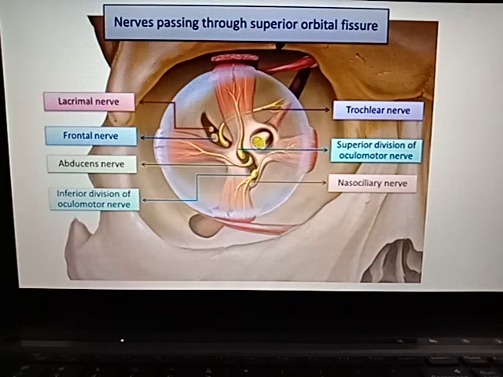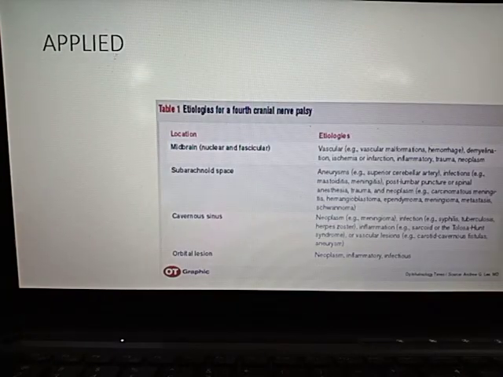Then come to the applied portion of this nerve. Etiology for fourth cranial nerve palsy. Location: the midbrain nuclei and the fascicular part may be affected if there is some vascular malformation, hemorrhage, demyelination, ischemia, or infarction of this area.